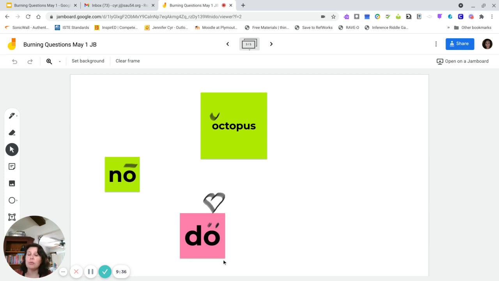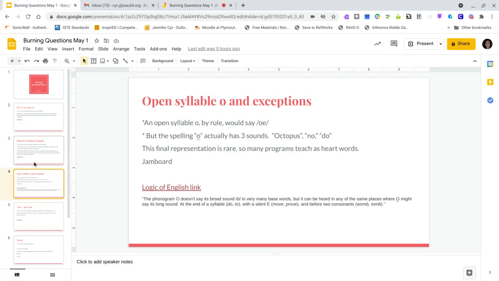And then do, I put in pink because it can be treated as a heart word, and I just gave it the beautiful umlaut to represent the oo sound. However, I can also teach kids that this is a little unusual, and we would sound it out /d/, /oo/, and the word is do, and let's learn that by heart. All right.